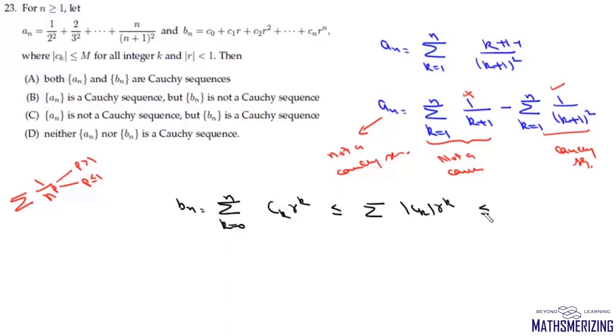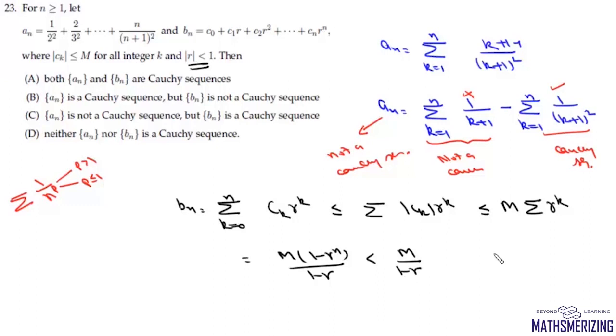Now it will be less than or equal to m into the summation of r to the power k. So it will be m times (1 minus r to the power n) upon 1 minus r, and since r lies between minus 1 and plus 1, it will be less than m upon 1 minus r.